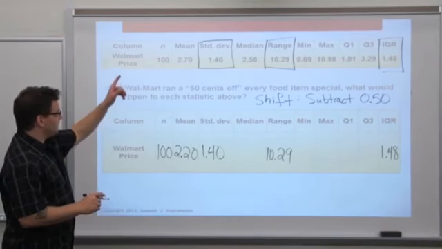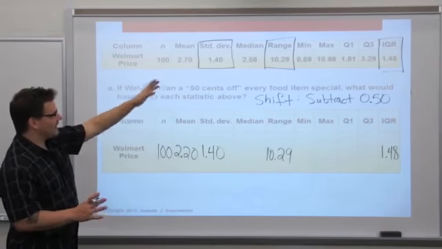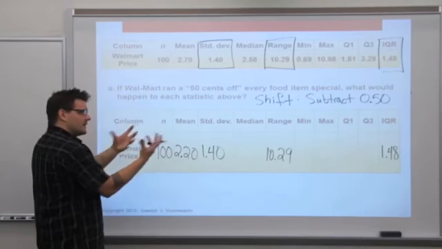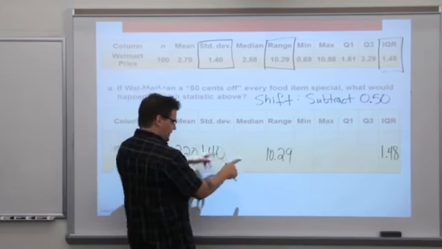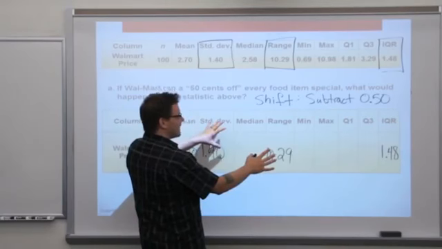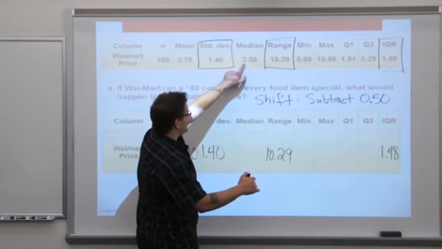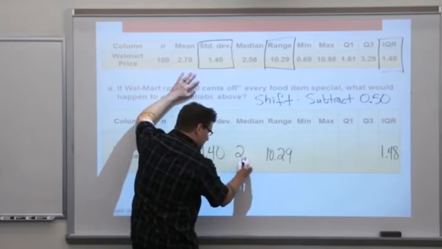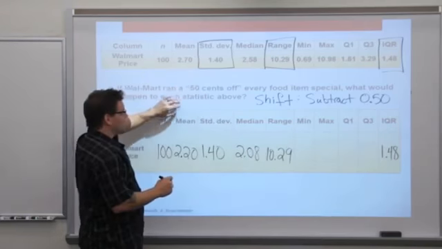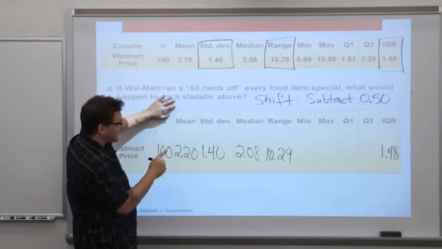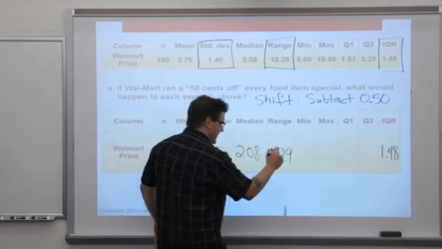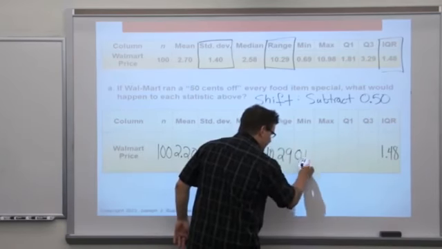All right. Median, min, max, quartiles, these are all measures of position. 50 cents gets subtracted. Hopefully I can do this in my head without looking at my notes. 2.58 was the old median, goes down to 2.08. We'd subtract 50 cents. 69 cents was the old minimum, back off 50 cents.